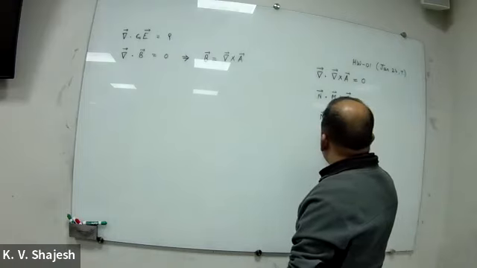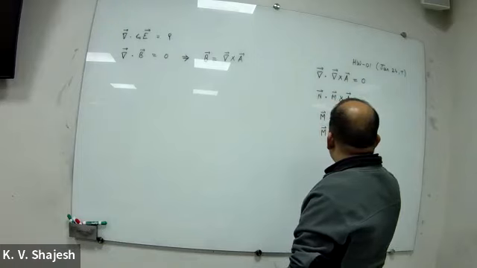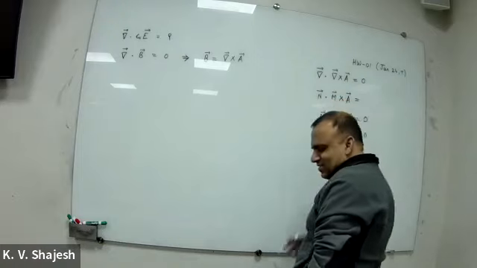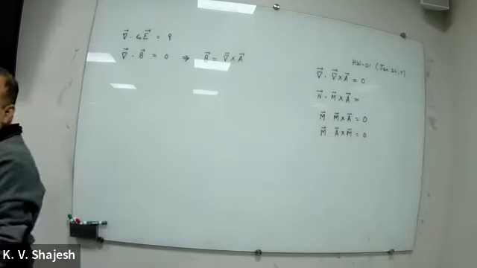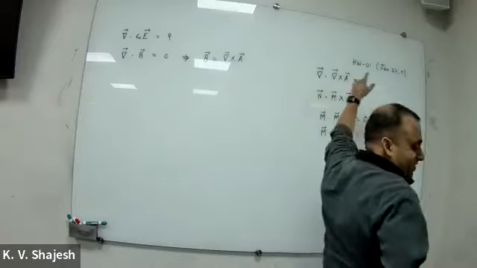What about M dotted with A cross M? That's also 0. So what is making it 0? Because the cross product gives us a vector which is perpendicular, at 90 degrees. That makes sense, right?